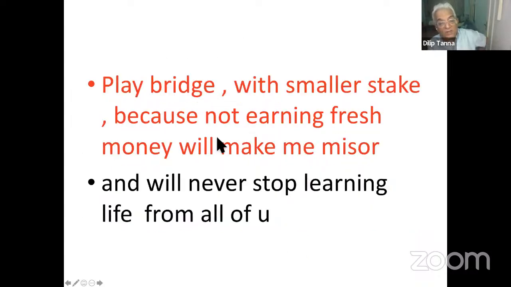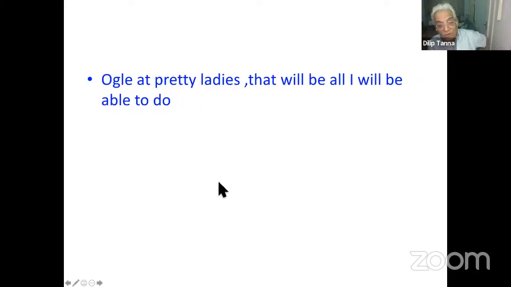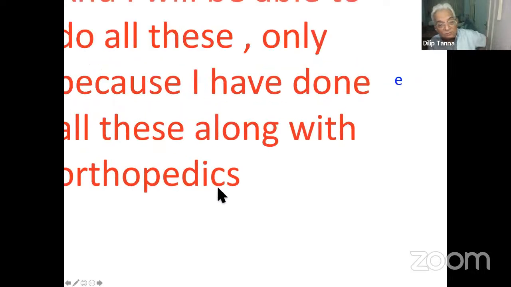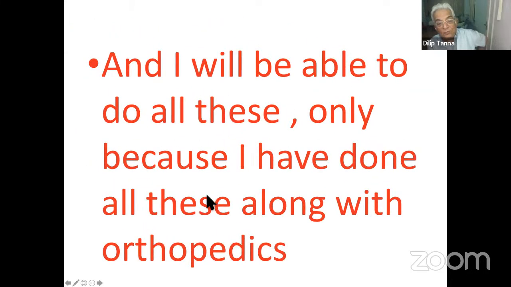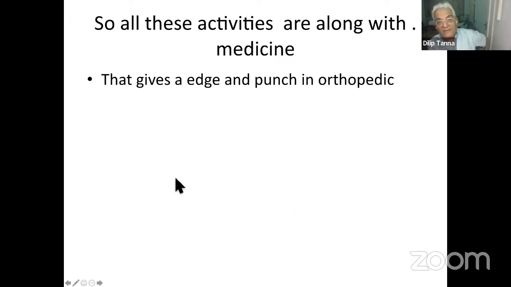Play bridge with small stakes, because not earning fresh money will make me a miser, and never stop learning life from all of you. Ogle at the pretty ladies, that will be all I'll be able to do. And I'll be able to do all this only because I've done all this along with orthopedics. So all these activities along with medicine give an edge and a punch in orthopedics.